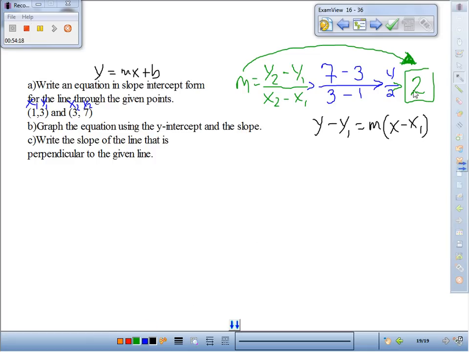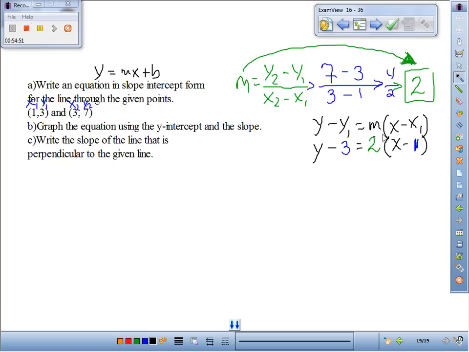What is m? 2. What is x sub 1? 1. What is y sub 1? 3. And you bring everything else down. Y, the minus, the equals, parentheses, x minus parentheses. All we have left to do is distribute and then solve for y.